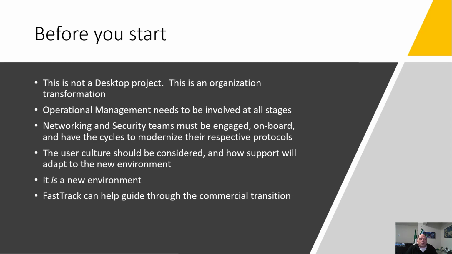So before you start, a couple of high-level notes. The first one is this isn't a desktop project. This is an organization transformation. If you're looking at project planning for this type of project, you need to include all the functional groups inside of the organization. The management groups that run the day-to-day operation need to be on board. We need to include networking and security.